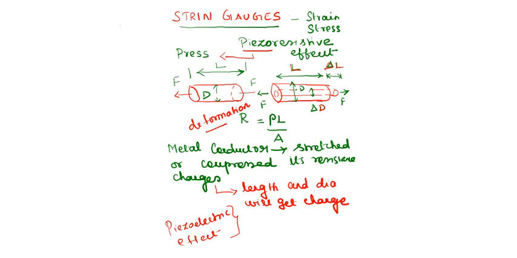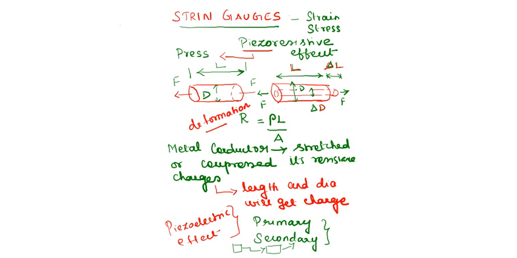Not only that, the strain gauge also acts as a primary transducer as well as a secondary transducer. What does it mean? Suppose you have an input device whose output is given as the input of a second device, then this will be your secondary.